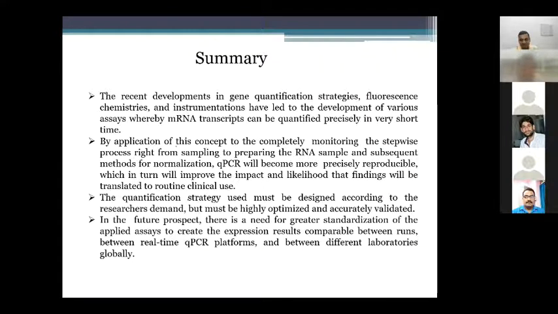By applying this concept to completely monitoring the stepwise process, right from the sampling to preparing the RNA sample and subsequently the method for normalization, qPCR will become more precisely reproducible, which in turn will improve the impact. That finding will be translated to routine clinical uses.